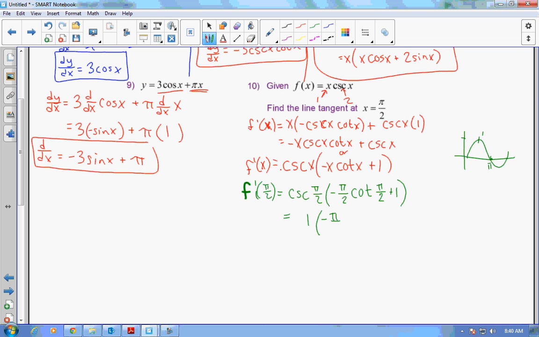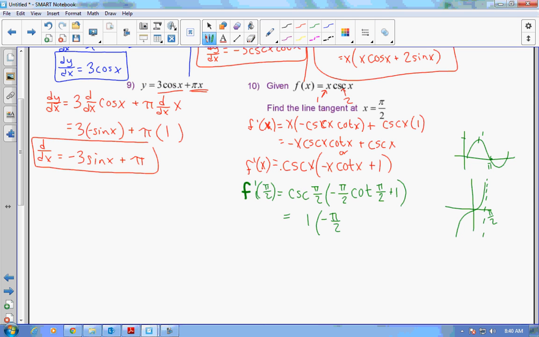Minus pi halves times cotangent pi halves. Well, if you don't know cotangent pi halves, well, tangent's easier, isn't it? Tangent's easier to memorize. You know tangent at pi halves? What happens here? Tangent looks like this. This is pi halves.